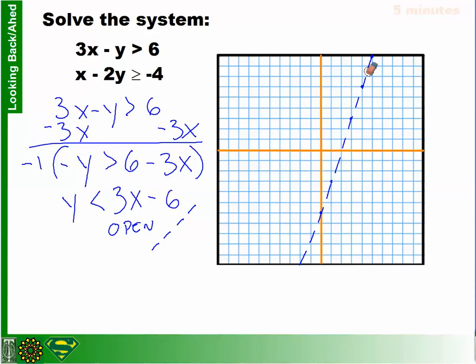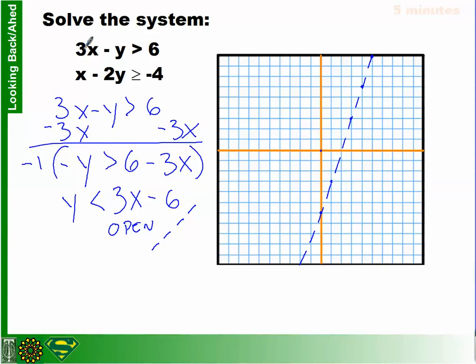So now my last step in shading is I need to figure out which side I'm going to shade of the line. And to do that, I'm going to take one point and I'm going to plug it in to the equation. So I'm going to pick 0, 0, because 0 is really easy to work with. I'm going to plug it into my original equation.